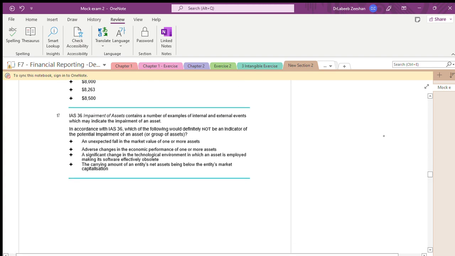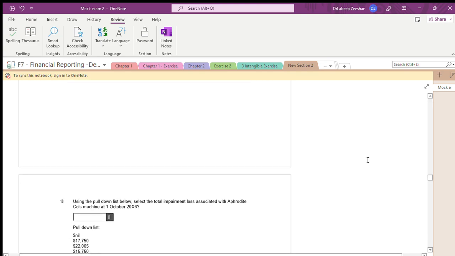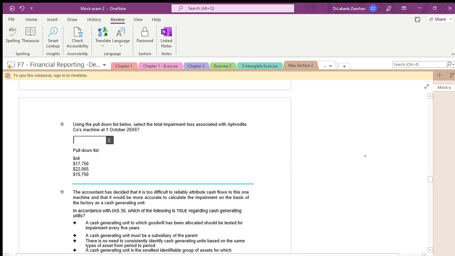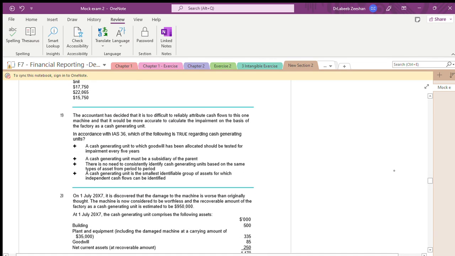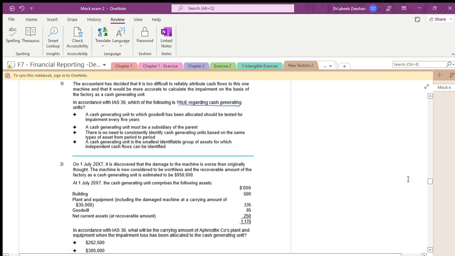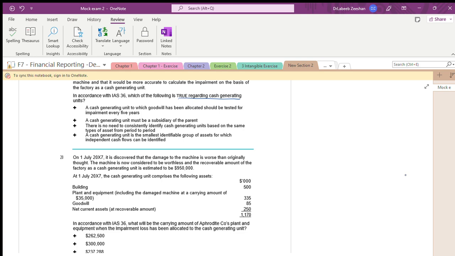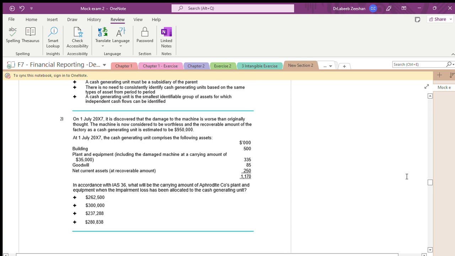In accordance with which of the following is definitely not an indicator of potential impairment. Here we are talking about impairment loss. In accordance with which of the following is true regarding cash generating units. And in accordance with IAS, what will be the carrying amount.